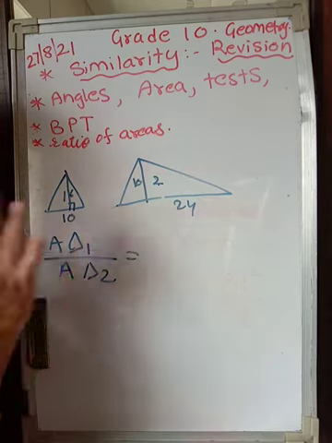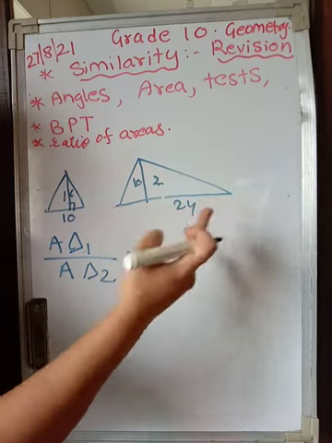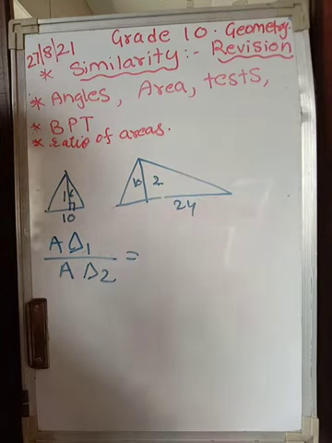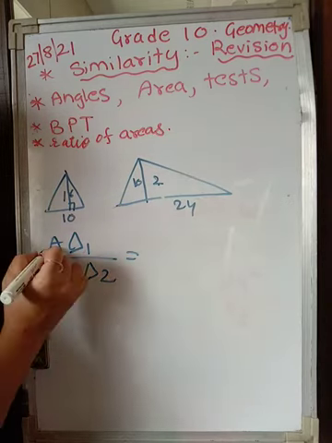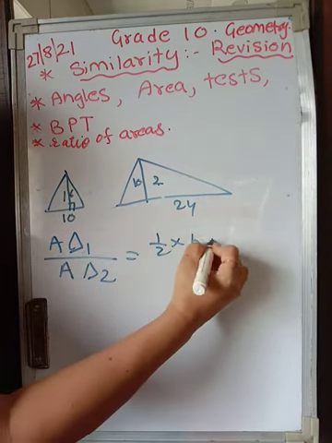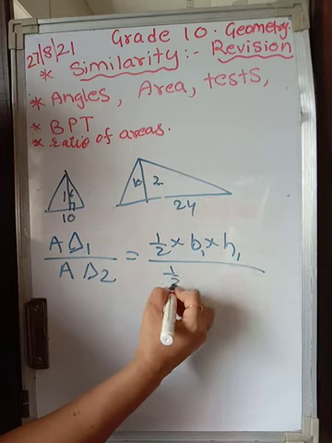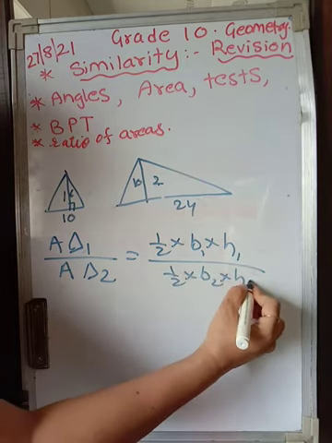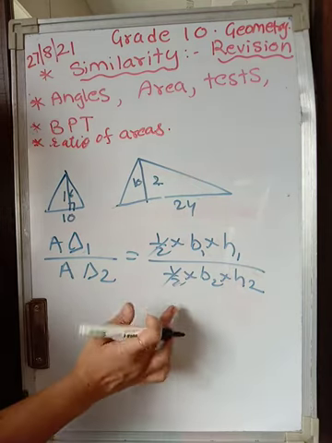Are they similar? No. If they are not similar, you should not use that previous square of the sides. That is true only if the triangles are similar. Here any triangle is given. What is area? Half into base into height. This is the first triangle, so half B1 H1 upon half B2 H2. Then this half and half will get cancelled.